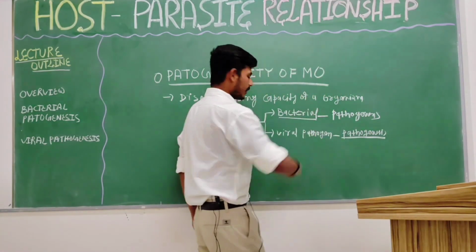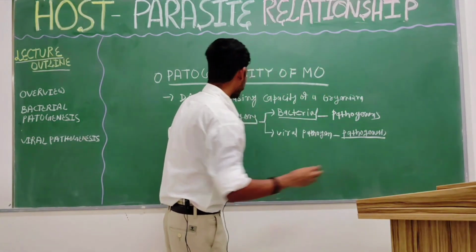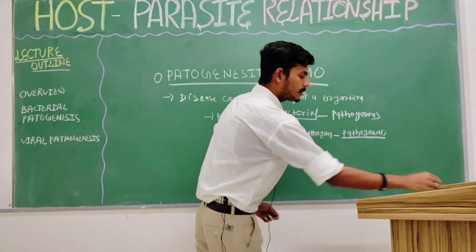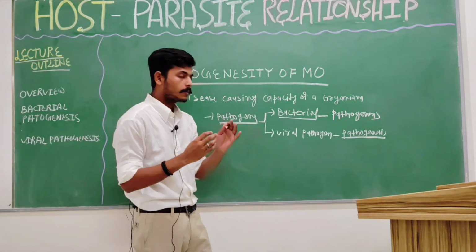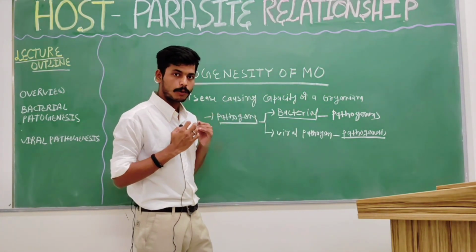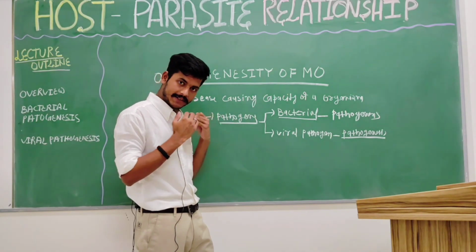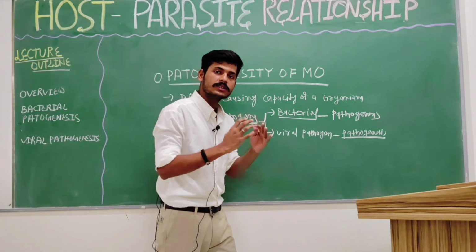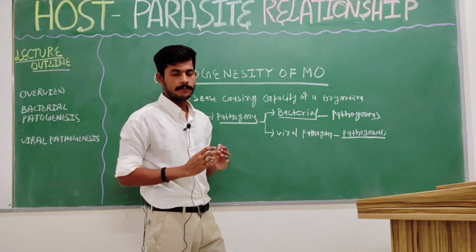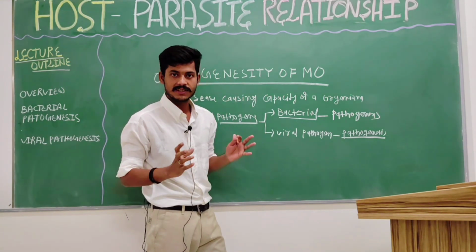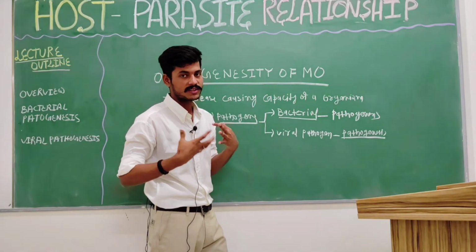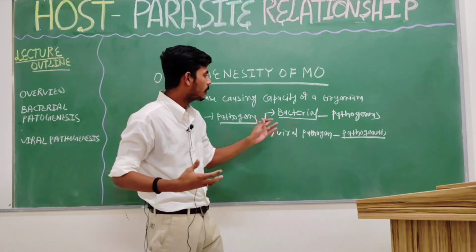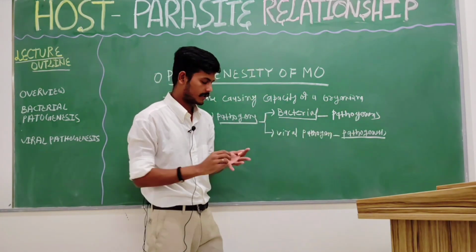First, I should define what is meant by pathogenesis. Pathogenesis means how bacteria enter our body, first of all, and how they are able to cause certain signs and symptoms, and in turn cause the disease. How it happens, how a bacterial disease occurs, that's called bacterial pathogenesis.